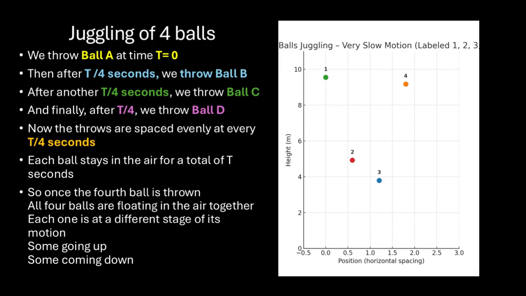Throw the second one only when the first one is at the maximum height. Throw the third one when the second one is at maximum height. Throw the fourth one when the third one is at maximum height. Okay?